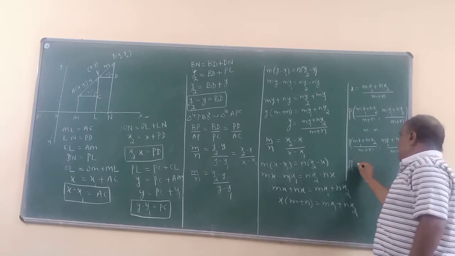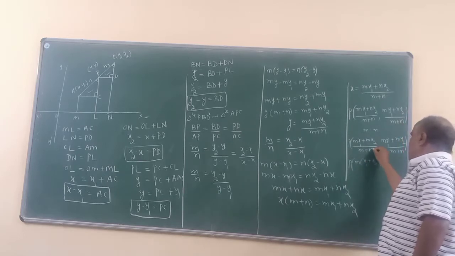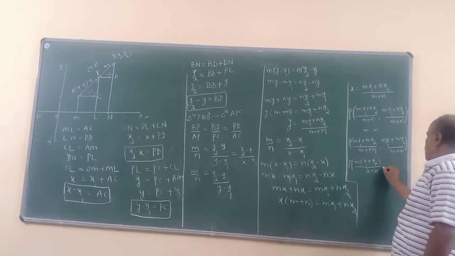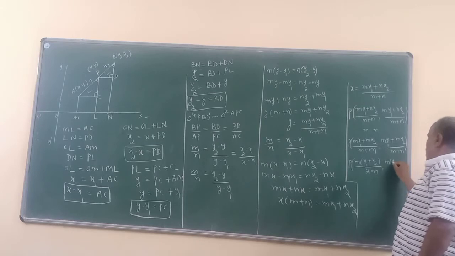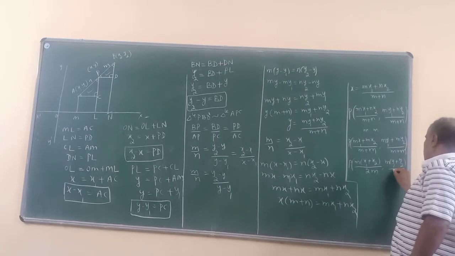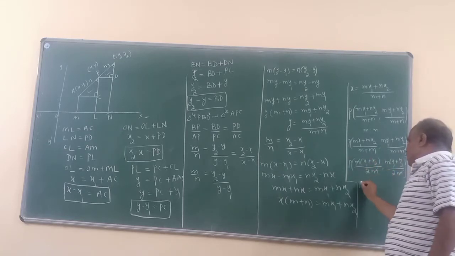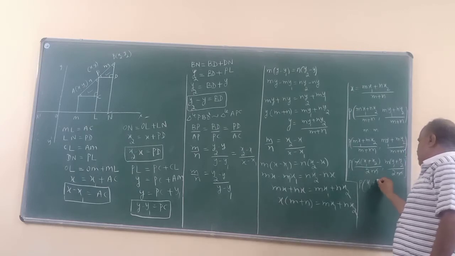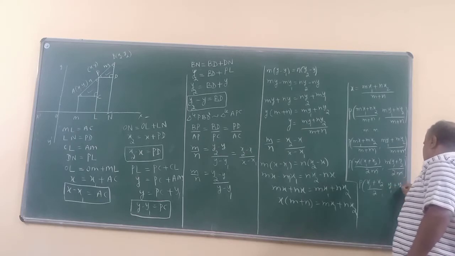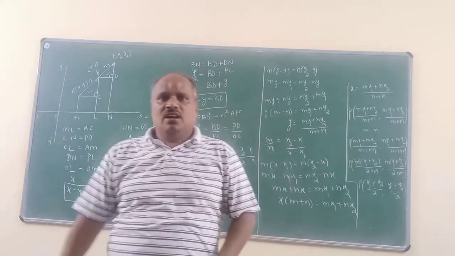Taking m as common factor, P is m(x1 plus x2) divided by 2m, m(y1 plus y2) divided by 2m. m gets cancelled. P is (x1 plus x2) divided by 2, (y1 plus y2) divided by 2, what we call the midpoint formula.